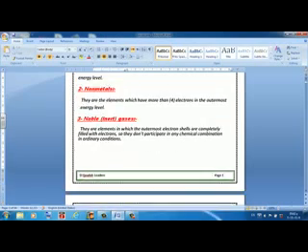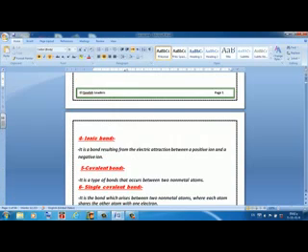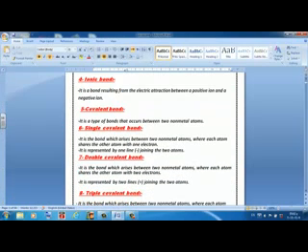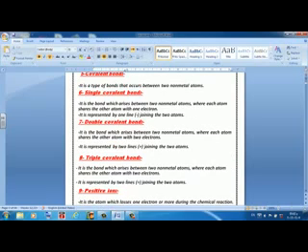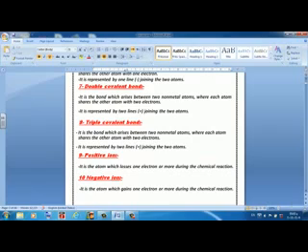Okay, now what will happen when an atom loses or gains electrons? They will form what is known as a positive ion or a negative ion.